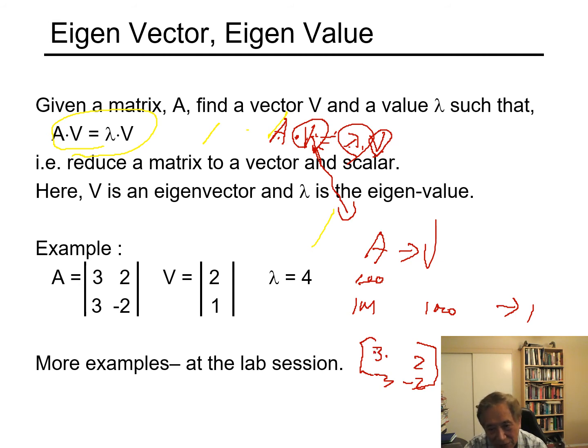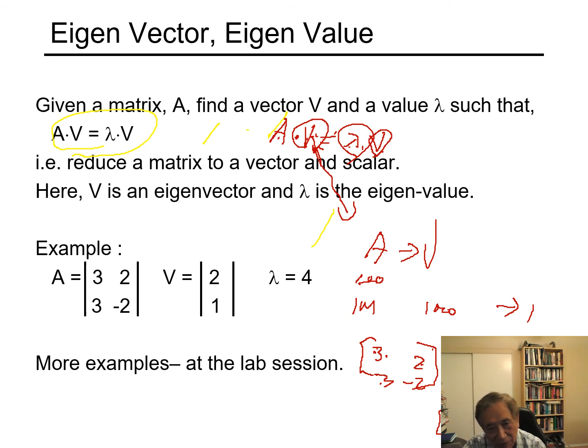The way it goes is this times that plus this times that is our first element. So 3 times 2 is 6, plus 2, so that is 8, isn't it? And then 3 times 2, that's 6, and minus 2 times 1, that's minus 2, I'm sorry. So this becomes 8 and 4, isn't it?